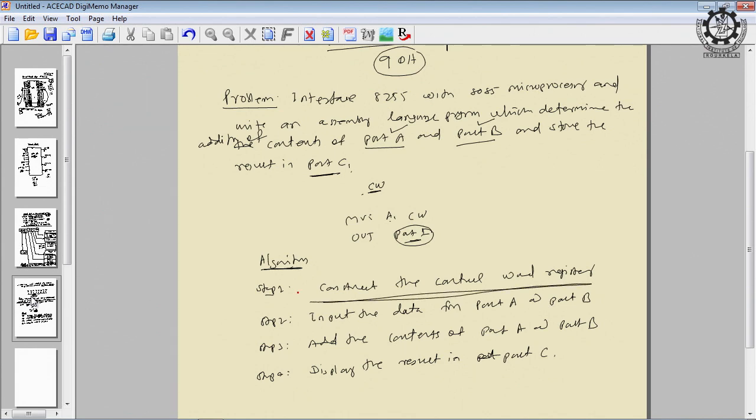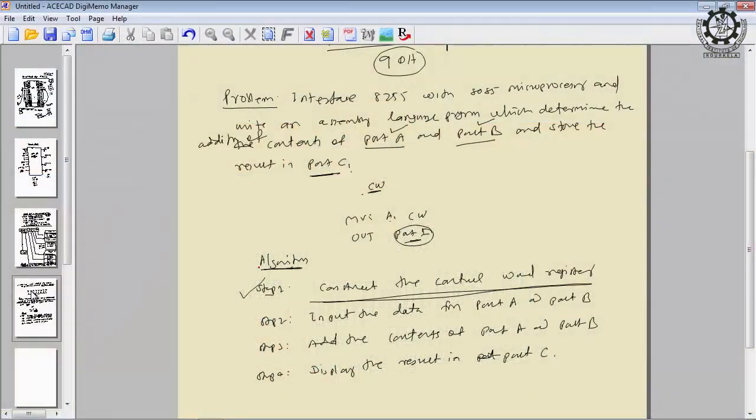Control word you can set according to whatever we discussed, the way the bit field positions are specified, and the control word will vary from problem to problem, right. Then step 2, input the data from port A and port B.